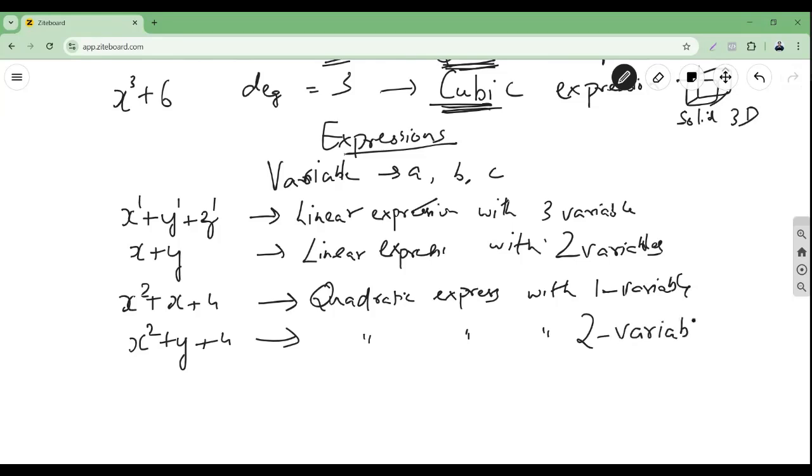I hope you're getting this. One variable, two variables, three different variables, like x, y, z. That is when we call it three variables. I hope you understood some basic information about the namings in algebra.